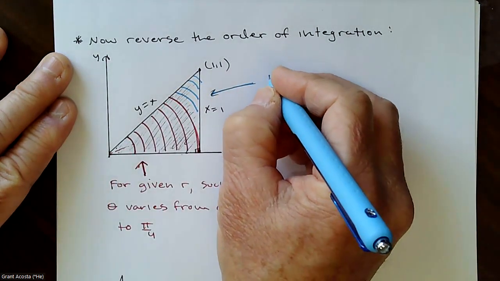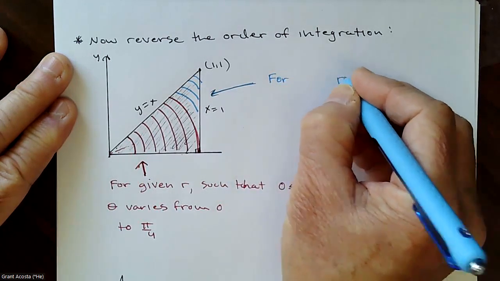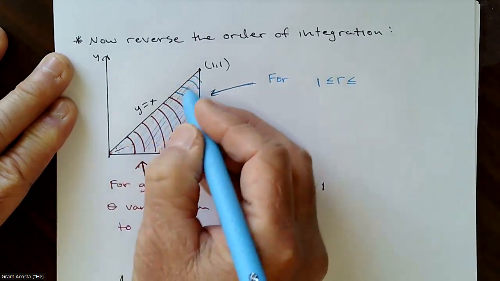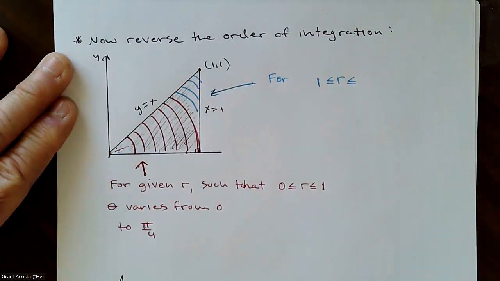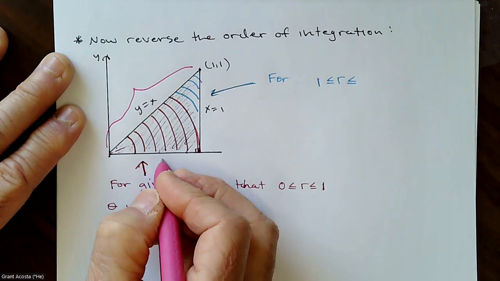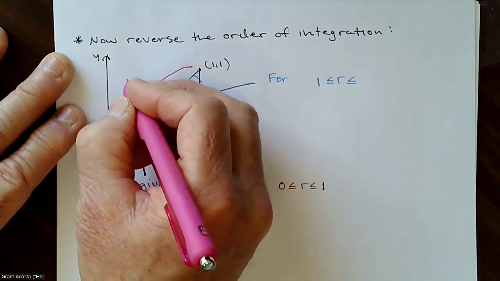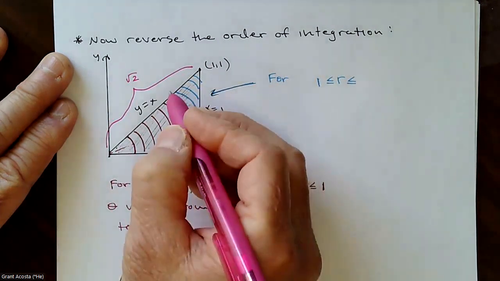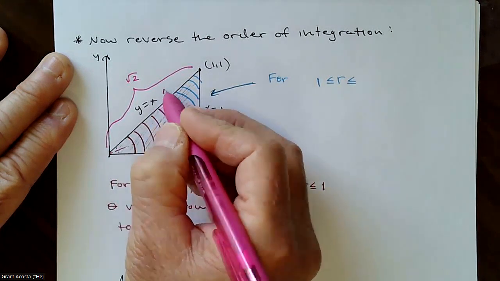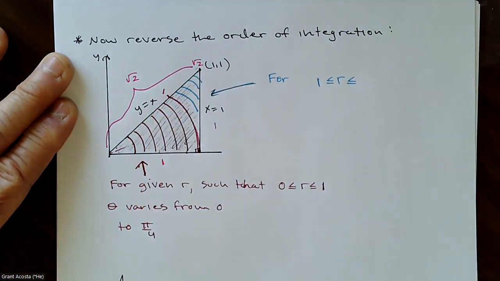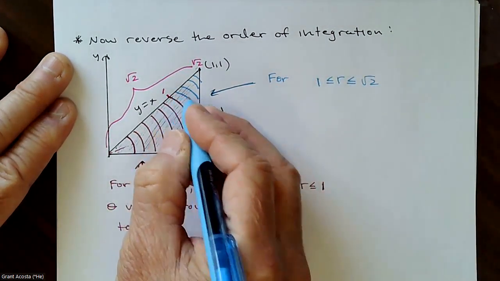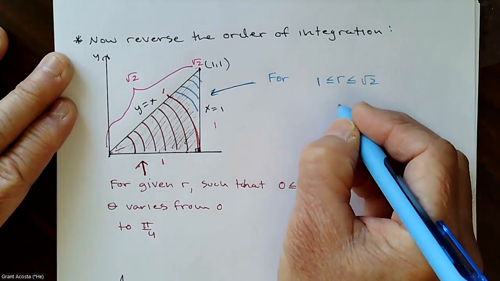But now let's consider r greater than 1, but less than or equal to the maximum value for r. Remember, this is a 1 by 1 square. By the Pythagorean theorem, this hypotenuse has a length of square root of 2. So r is between 1 and square root of 2.